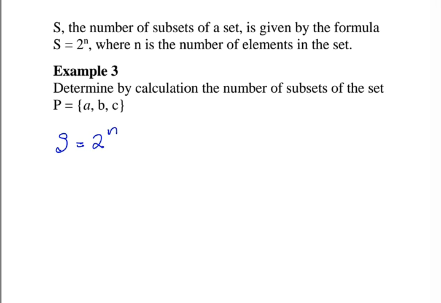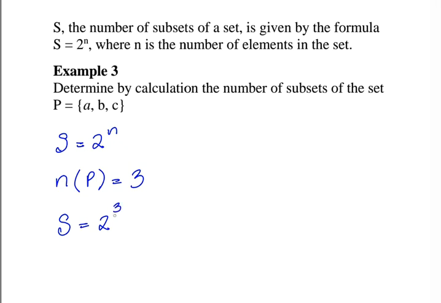Example 3. Determine by calculation the number of subsets of the set P. All right, in the previous example, we already concluded that P has 8 subsets. So let us see if calculation will also agree. First of all, the number of elements in P is equal to 3. So the number of subsets of P would be equal to 2 to the third power.